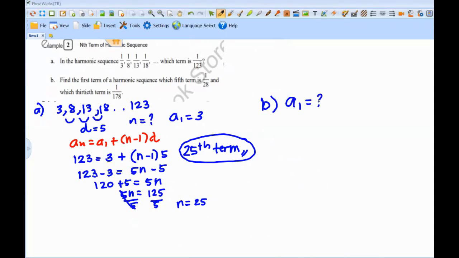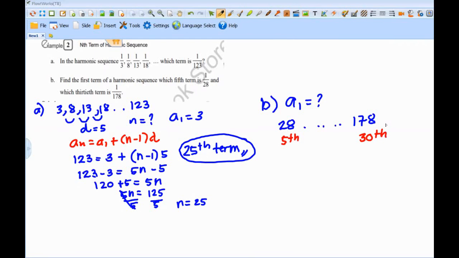Since we have 28, 28 is the fifth term, and 178 is the 30th term.